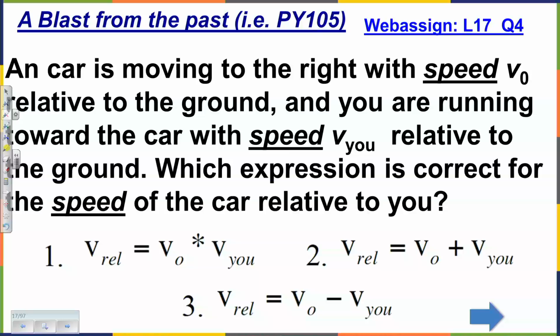The question is, what will be the speed of one object relative to another? If we talk about speed, it's going to be a positive number. So the speed of u relative to the car and the speed of car relative to u will be the same, the speed. And this is the most important question for now.